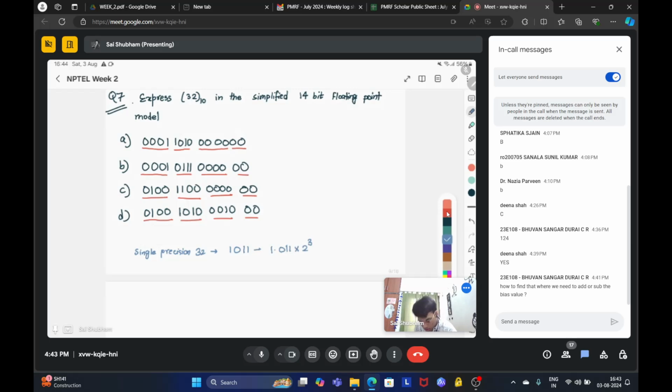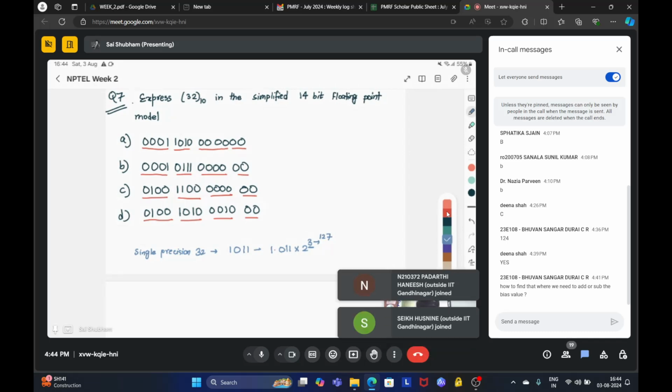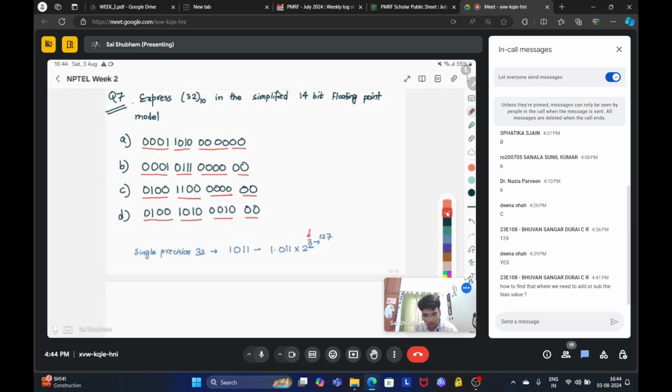If you are converting to single precision, you will always have to add a bias of 127 to this exponent, so that you can write the single precision format. If you have the single precision format, from the exponent you have to subtract 127 to get the original exponent, which is this value.